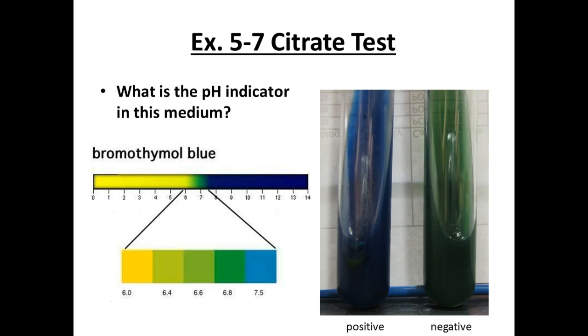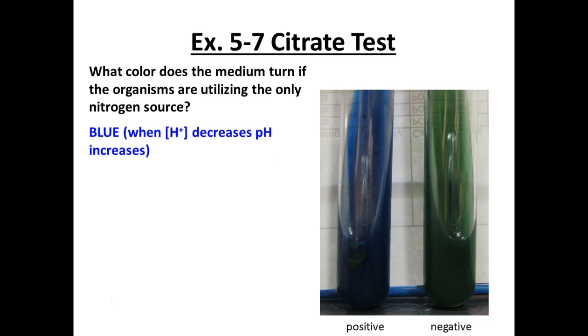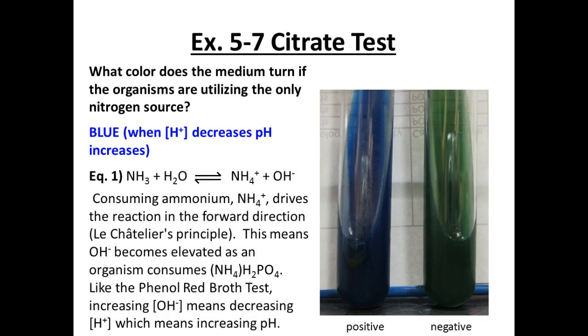If you can't take in the citrate and use the carbon source, you won't take in the nitrogen source either. So these organisms are doing both. So decrease in hydrogen ions, increase in pH, turns blue. As they consume the ammonia from the media, they deplete the hydrogen ions, pH goes up, media turns blue.